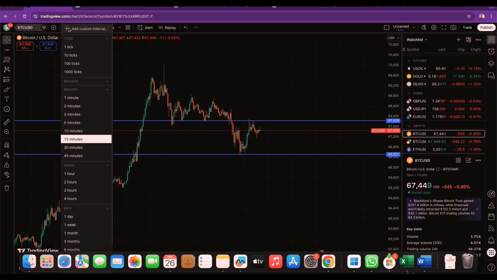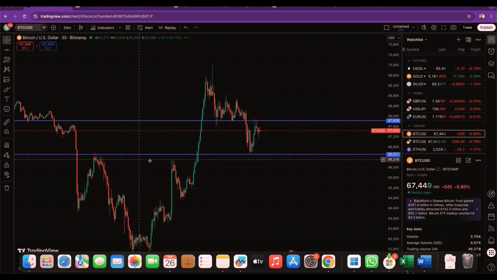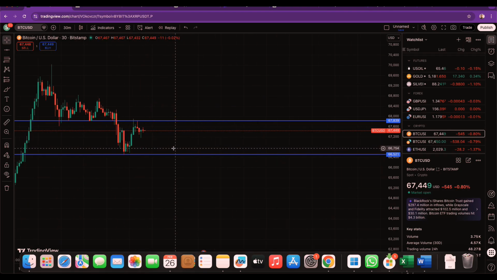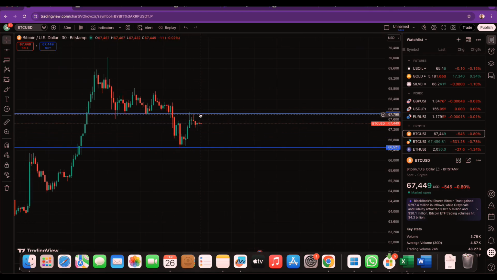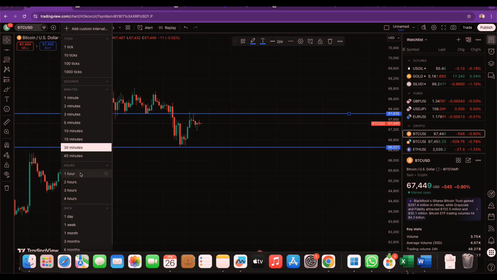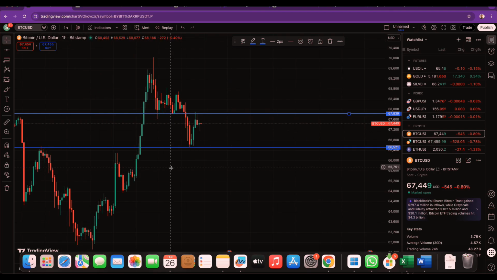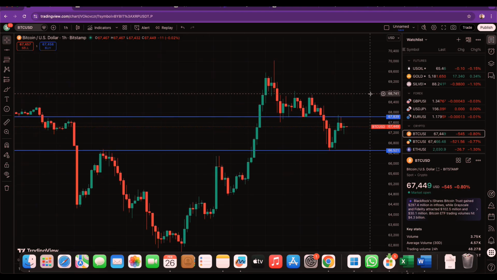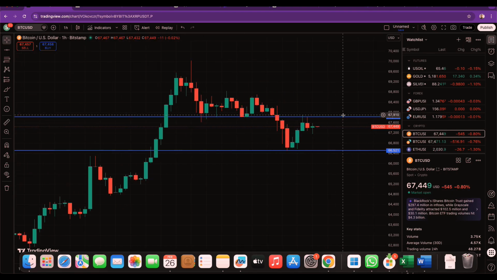Also, let's look at a bigger time frame support and resistance. Let's look at the 30 minutes. Fine, the 30 minutes is still maintaining the support and resistance. Let's look at a bigger time frame like 1 hour. Yes, the 1 hour too. Still look at that.